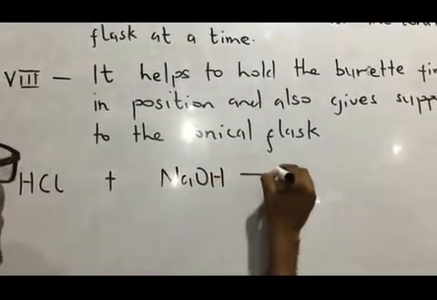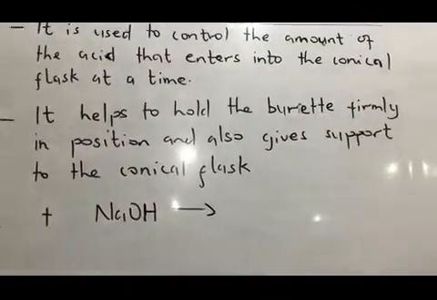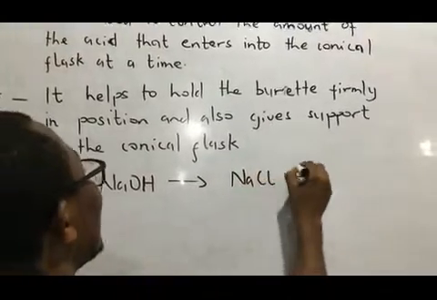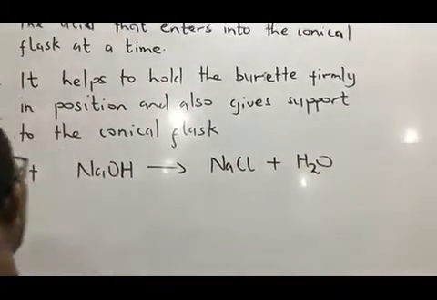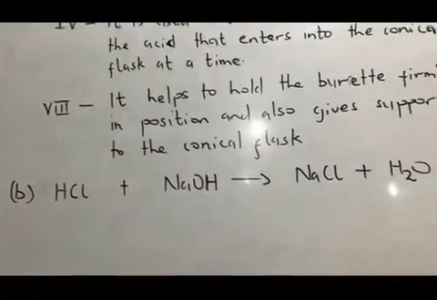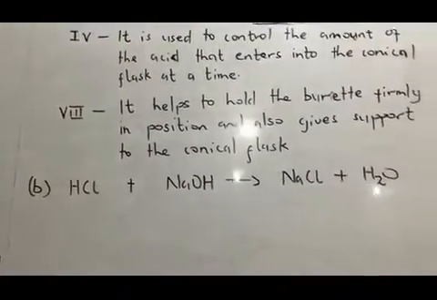You've come across this reaction. That was in the first question, question 19. You have sodium chloride and then H2O. You cross-check, everything is balanced there. So the reaction is balanced. Okay, so that is for question B.